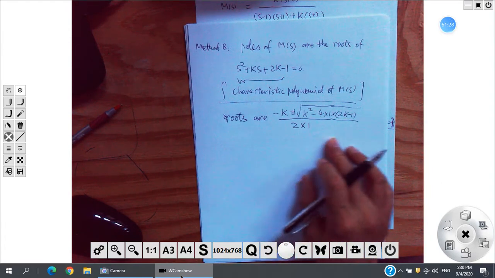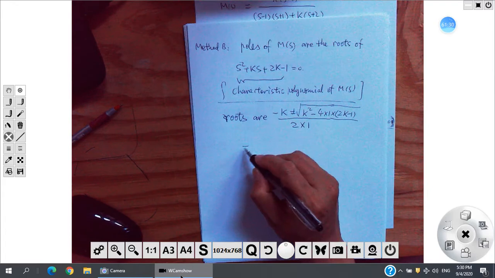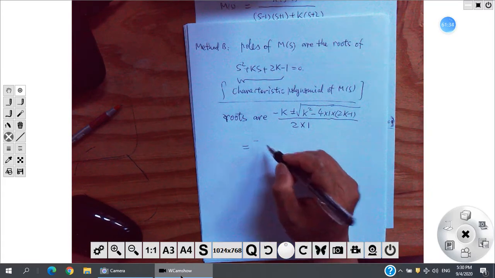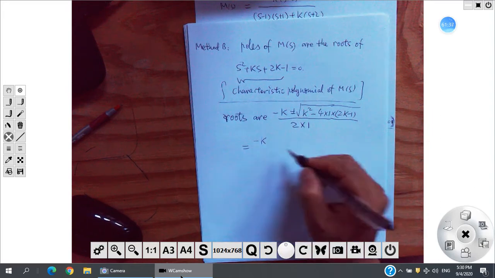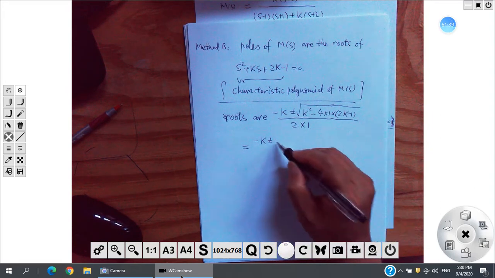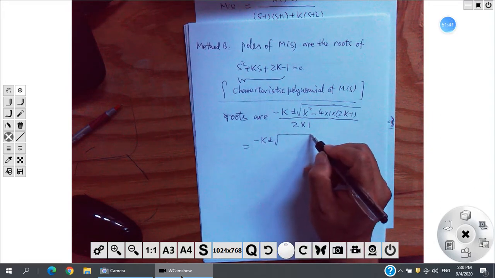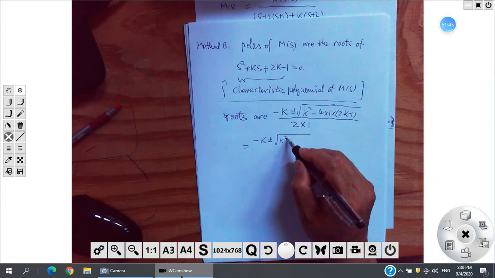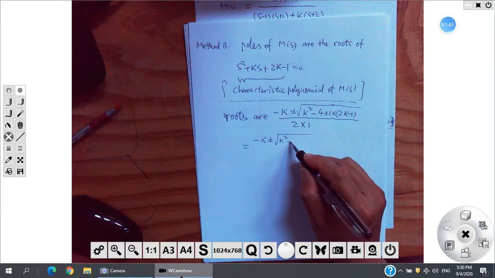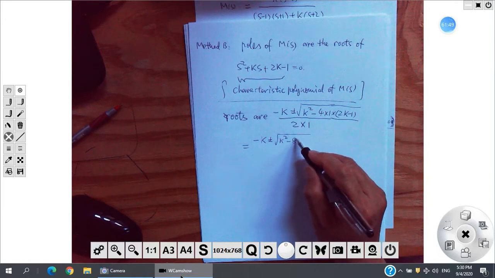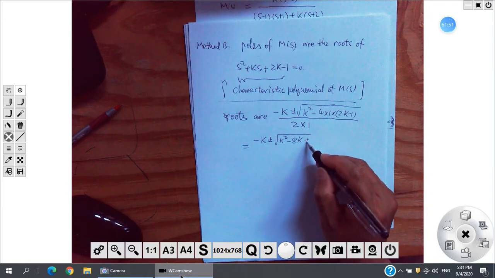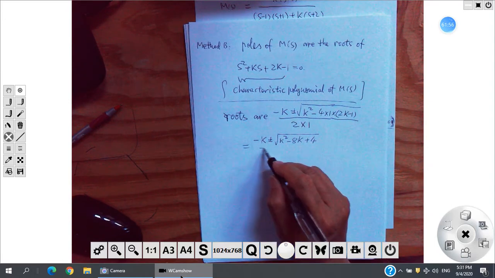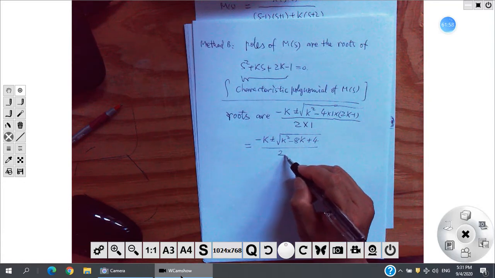So these are negative k plus or minus the square root of k squared minus 8k plus 4, divided by 2.